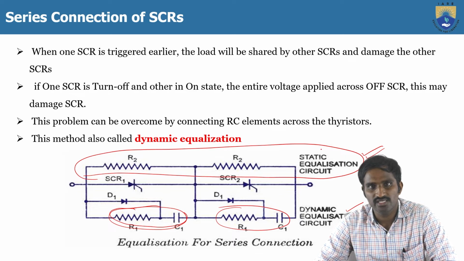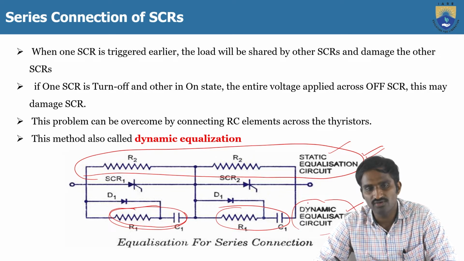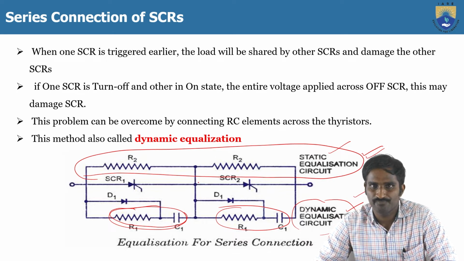So to make the static characteristics equal, we use the static equalization circuit, and to make the dynamic characteristics equal, we use the dynamic equalization circuit. That way, the overvoltage across one thyristor can be eliminated, so that we can protect the different thyristors connected in series.